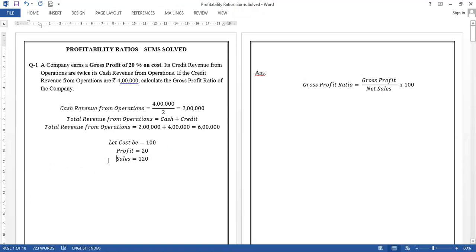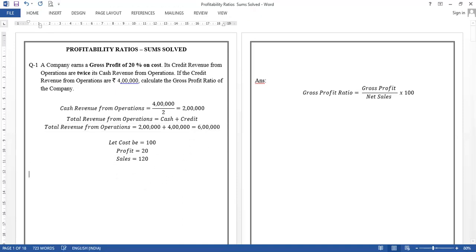Now the point is that sales over here is 120 in terms of percentage, and the sales in terms of rupees is rupees 6 lakh, right? We need to have the gross profit. Profit can be seen as 20%. If sales is 120, profit is 20. So if sales is rupees 6 lakh, how much is the profit?